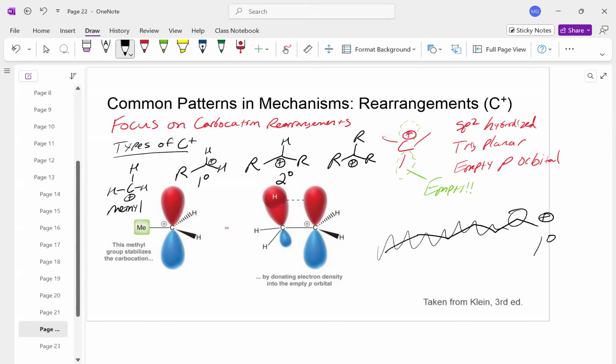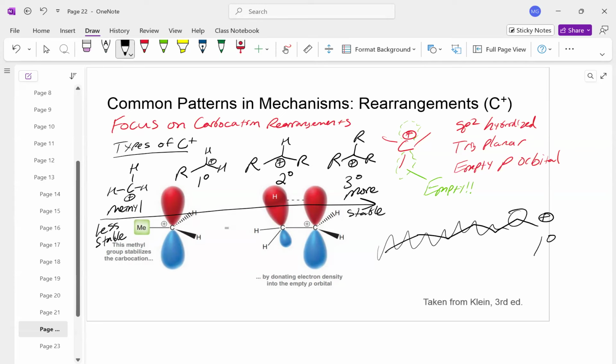Now, one of the reasons why we notate these carbons differently is that there's a hierarchy when it comes to stability. The stability increases as we add more carbons around the plus charge. So these are more stable and these are less stable.